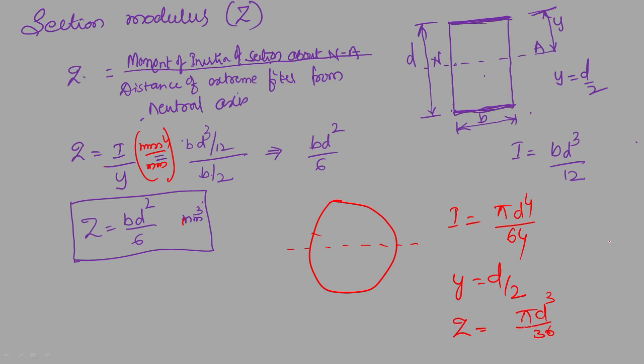For example, we'll go for a hollow section of a rectangular bar here. Now let us look out here. Can anyone give the formula, just observing the diagram?